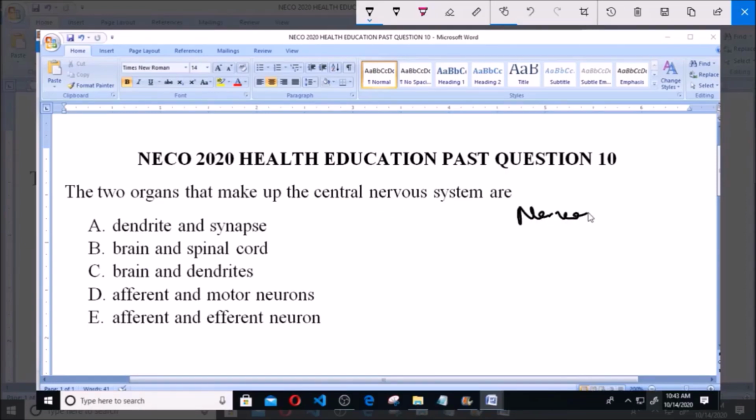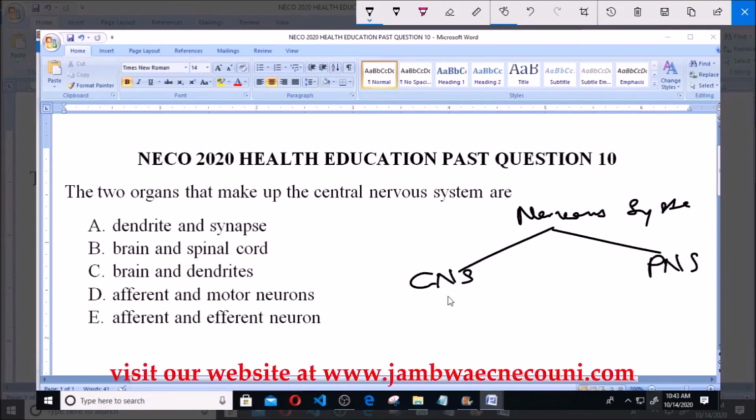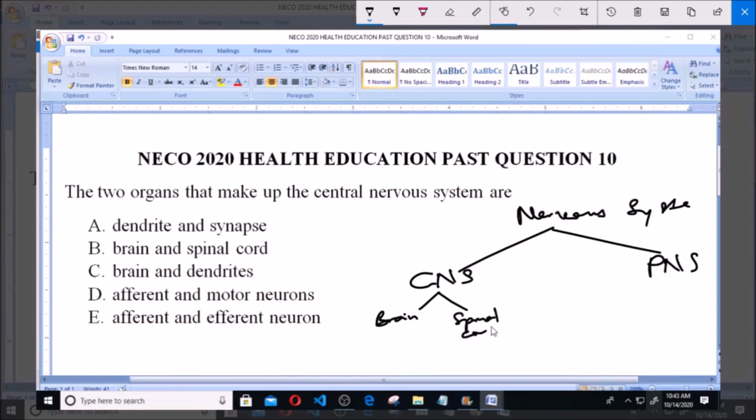Now, the nervous system is divided into two. We have the central nervous system, the CNS, and the peripheral nervous system, the PNS. The central nervous system consists of the brain and the spinal cord, while the peripheral nervous system consists of all other parts absent in the central nervous system, that is, the neurons and the synapse.